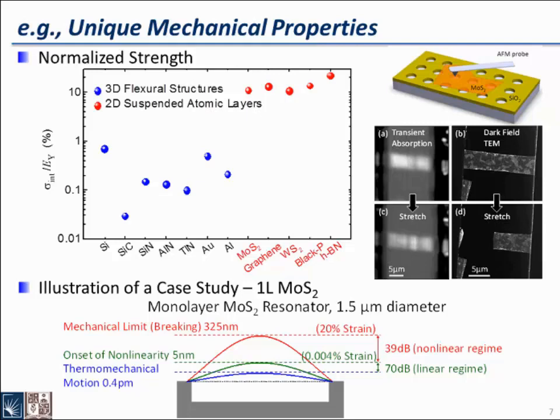So these are different than what you can get in conventional materials. So we are talking about a mechanical domain dynamic range, in the small amplitude regime, of about 70 dB. Actually, some devices we measured close to 100 dB. And then beyond that, till the material breaks, another 40 to 50 dB dynamic range.